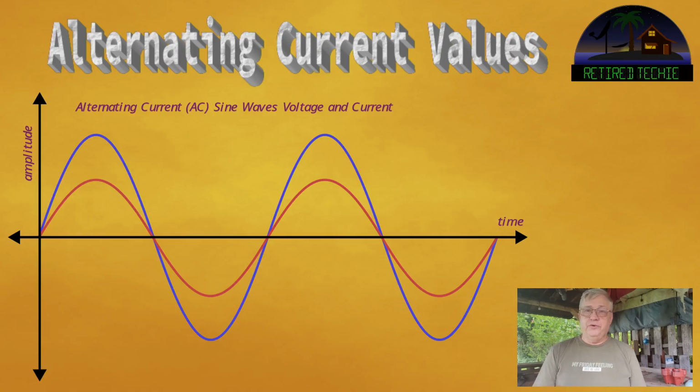As we said, at 0 degrees, everything's zero, and then we move on to 90 degrees, which is the full positive voltage and full positive current. From there, moving on to 180 degrees, we're back to 0, and then at 270 degrees, we have the full negative current, and at 360 degrees, we have 0 again.